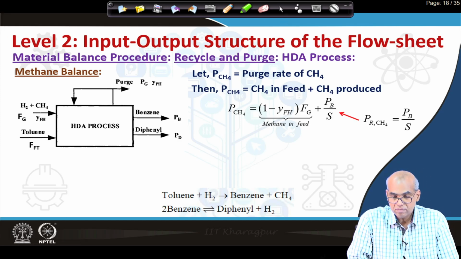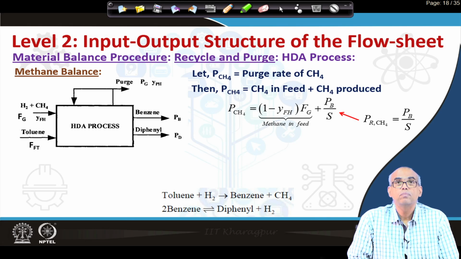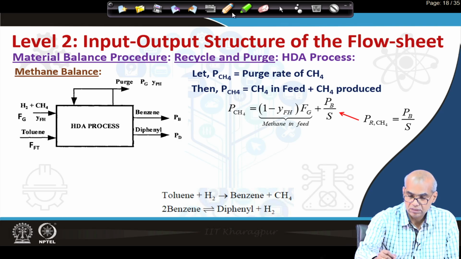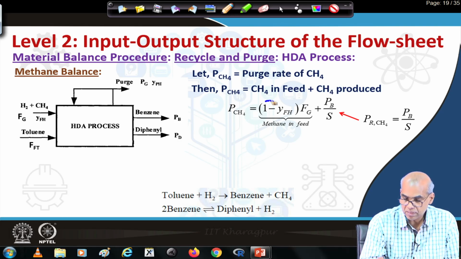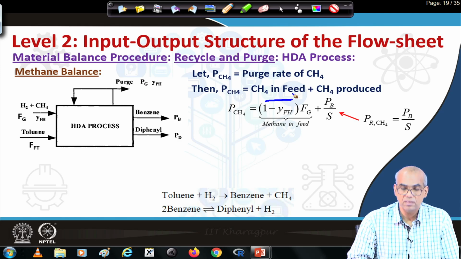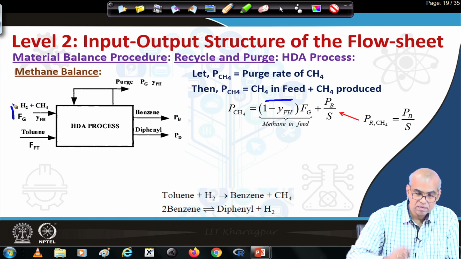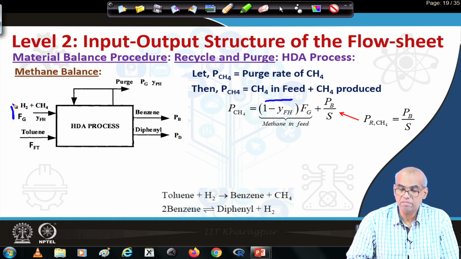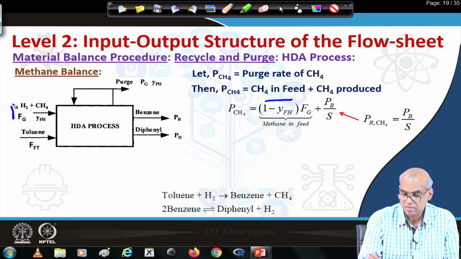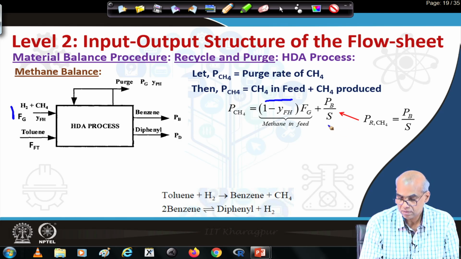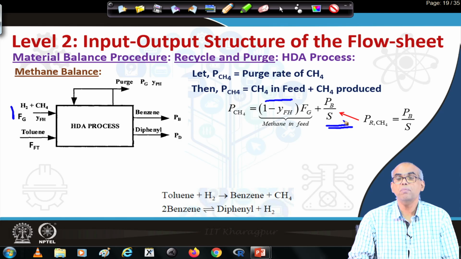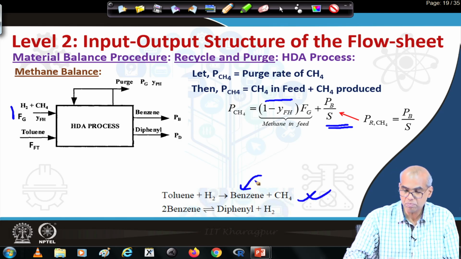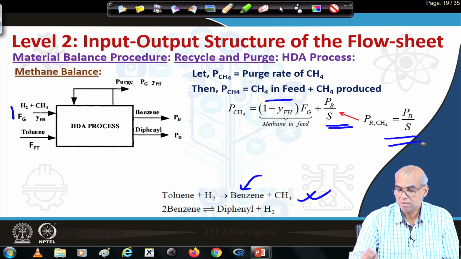What is methane in the feed? The mole fraction of hydrogen in the feed is Yfh. So, 1 minus Yfh must be the mole fraction of methane in the feed, multiplied by Fg. So, it will be methane in the feed plus the methane produced in the process, which is the same as the amount of benzene produced, which is Pb by S.